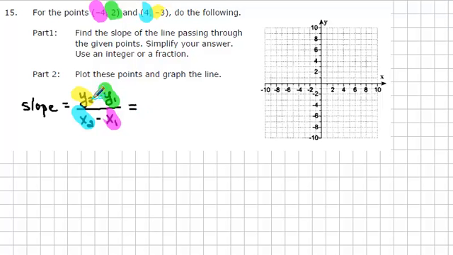So let's go ahead and substitute. y2 is -3 minus y1, which is 2. And all of that is divided by x2, which is 4, minus x1, which is -4.